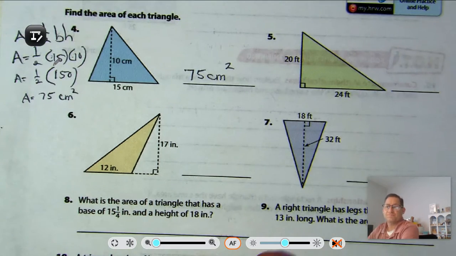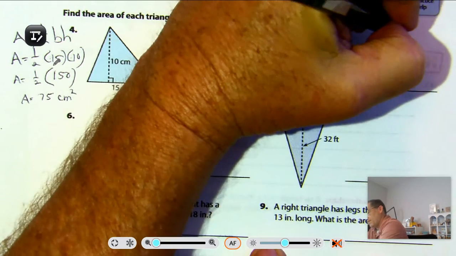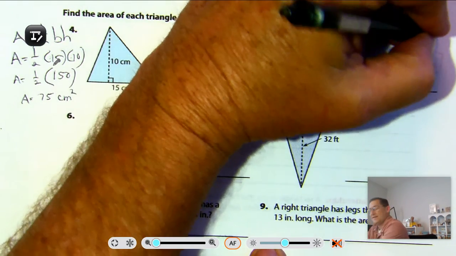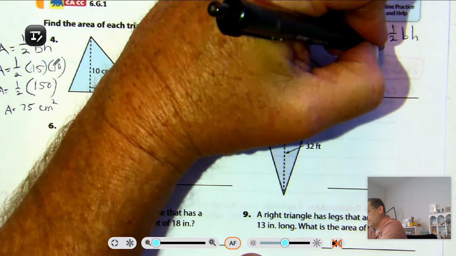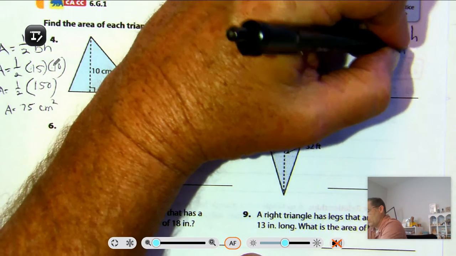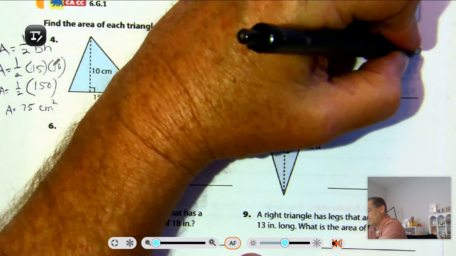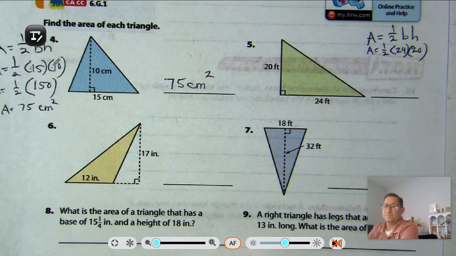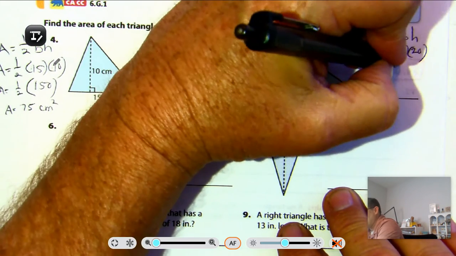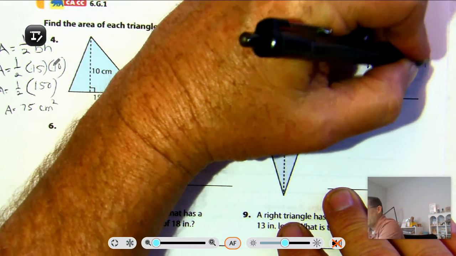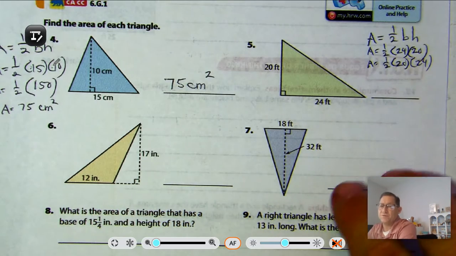Number 5. Area equals 1/2 base times the height. Substitute your dimensions. We're going to take half of 24 times 20. I'm going to take half of 20, so I'm going to use the commutative property of multiplication to switch the 20 and the 24.